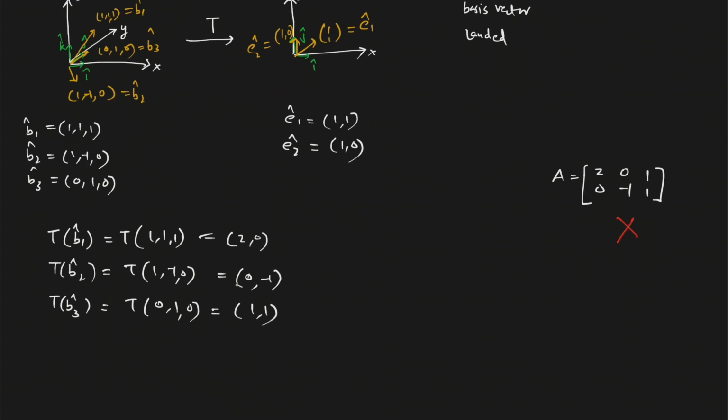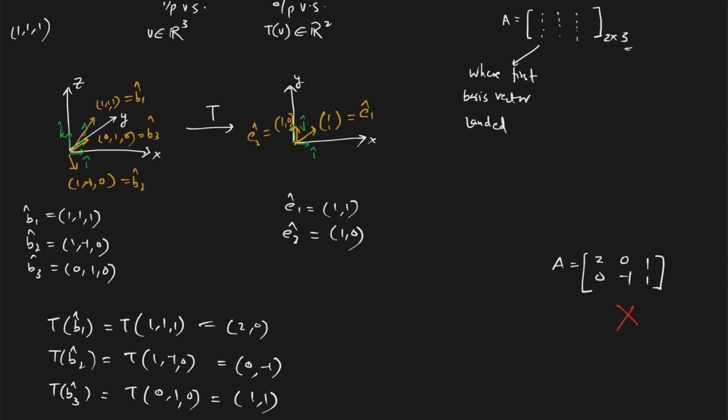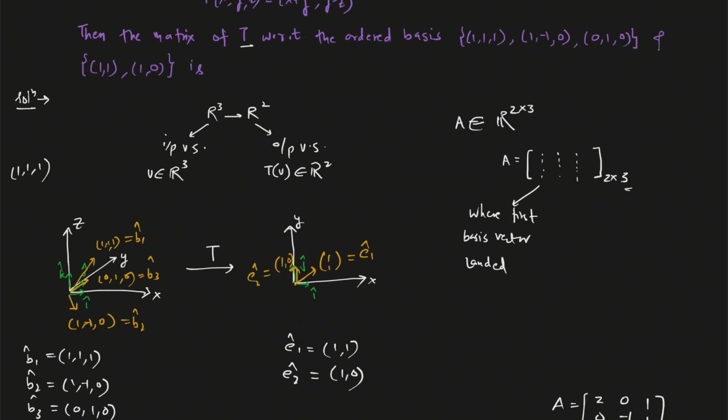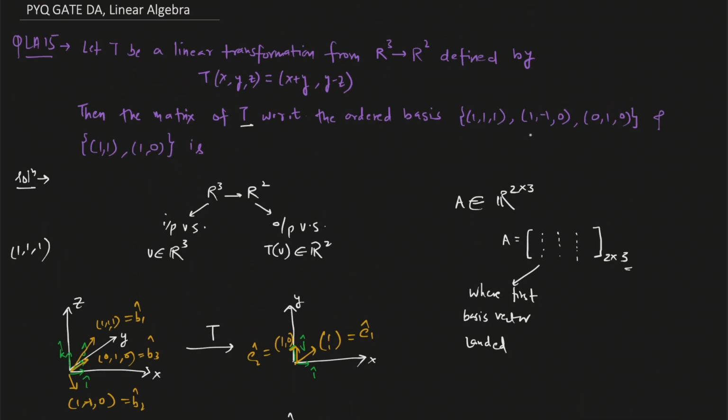See, these vectors 2 comma 0, 0 comma minus 1, 1 comma 1 are with respect to i hat and j hat. But not only is the basis set for the input vector space changed, the basis set for the output vector space is also changed, right? They give us the basis set for both input and output vector spaces.